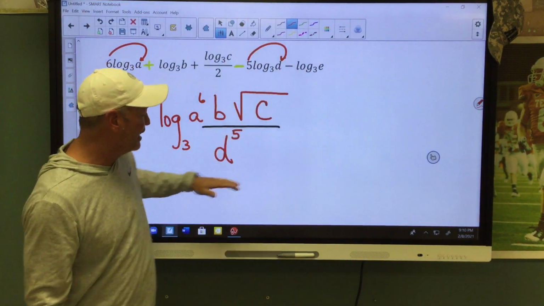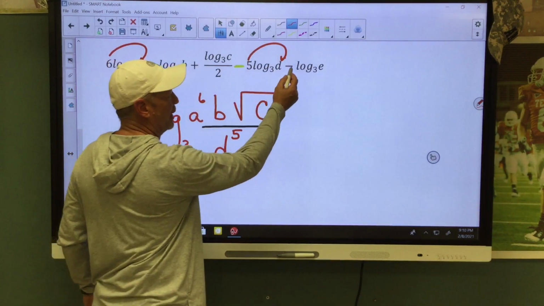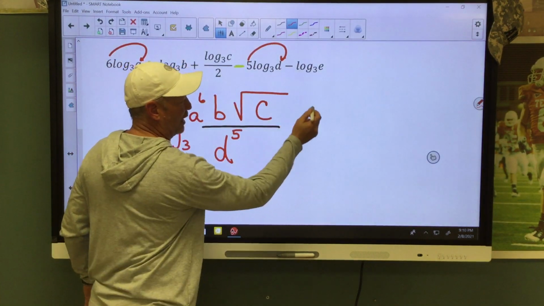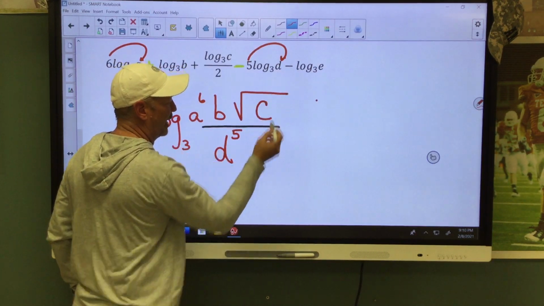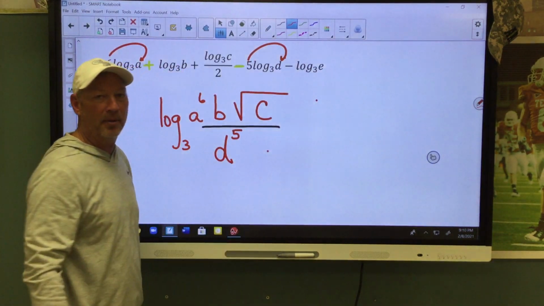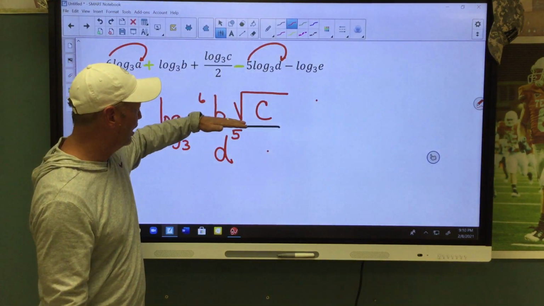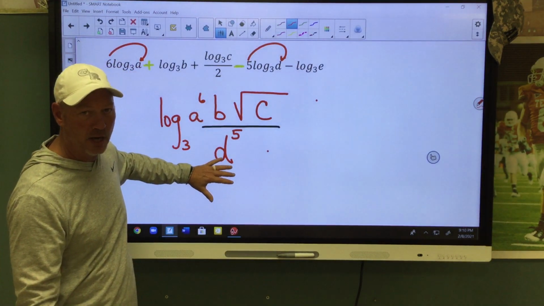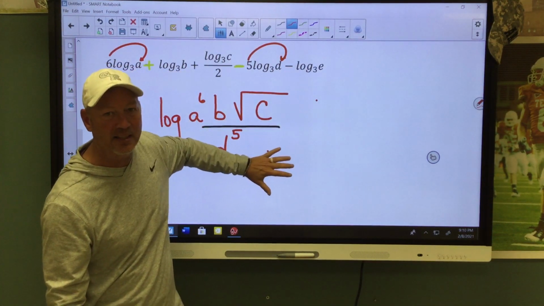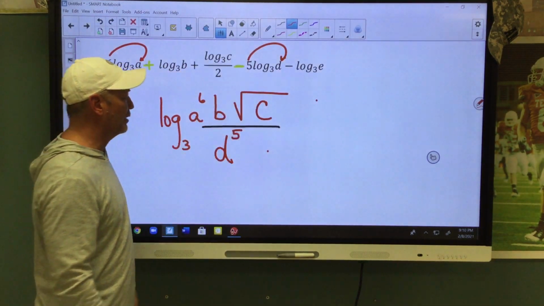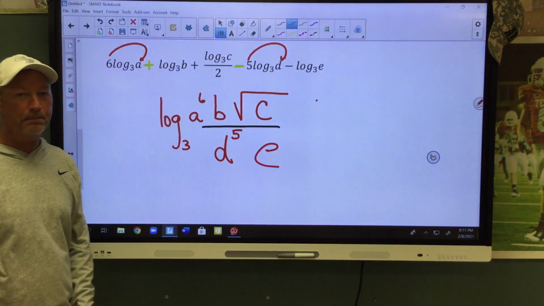It does not say to make another fraction bar. If this would have been a plus sign, this would tell me to put it back in the numerator. But since this is a minus sign, it tells me to stay in the denominator. Do you understand? So you have a minus sign, which tells you to divide and go to the denominator. But you have another minus sign, which means stay in the denominator. So in this case, we would just have an E also in the denominator.